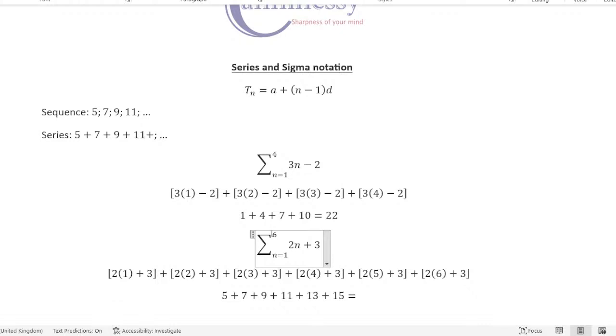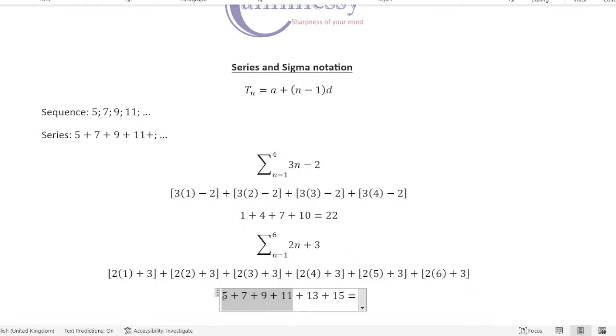There are no limitations. So here we have 5 plus 7, that is 12. 12 plus 9, that is 21.